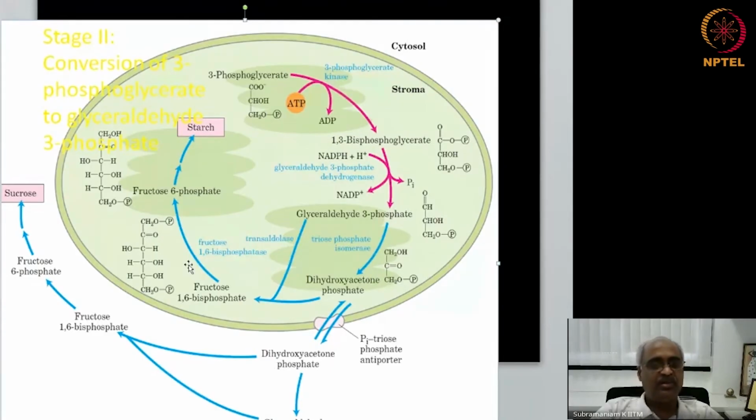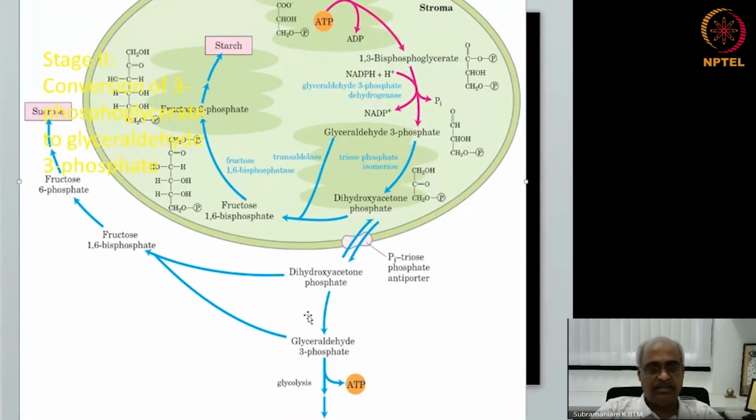Another one is it may be transported out via this inorganic phosphate triose phosphate antiporter, and the dihydroxyacetone phosphate that comes out, again by isomerization to glyceraldehyde 3-phosphate, might get into glycolysis to produce ATP.